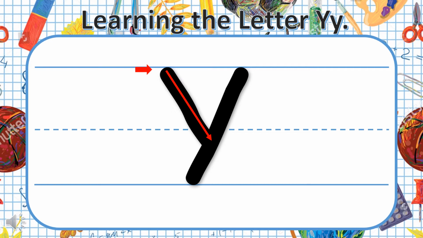Okay, so lift your pencil and then go back to the top line. And now you're going to draw a diagonal line all the way to the bottom line. But you must make sure you touch the point on the middle line where you stopped with your first line. So it almost looks like the letter V, but with a tail. Can you see it?